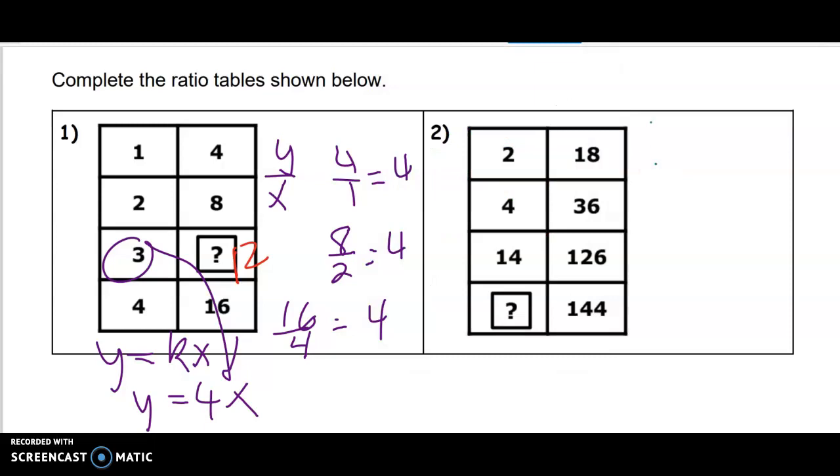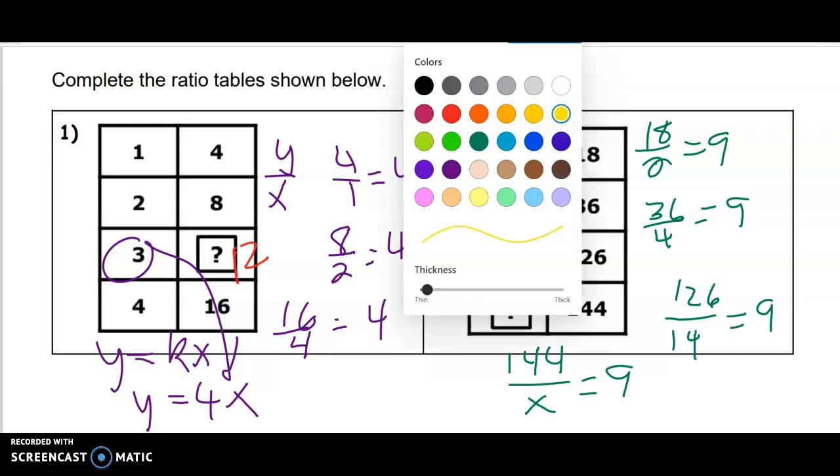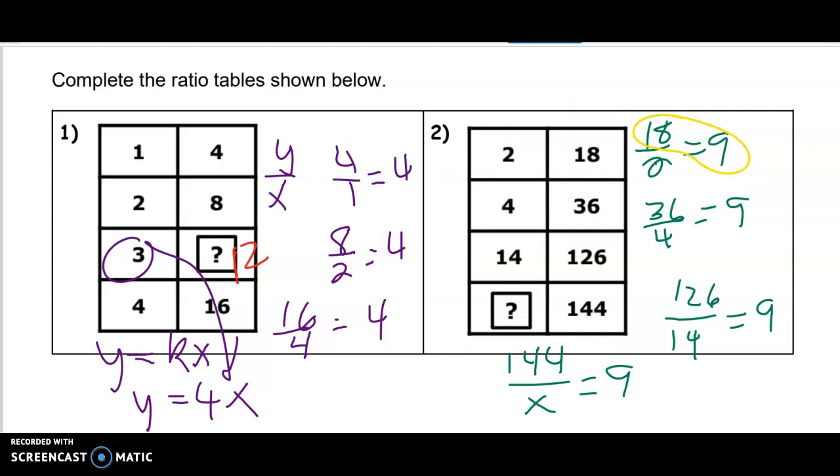Okay, so here 18 over 2 equals 9. 36 over 4 equals 9. 126 over 14 equals 9. So I have 144 divided by x equals 9. That's how the equation is set up. But if I did 18 divided by 9, I would get 2.